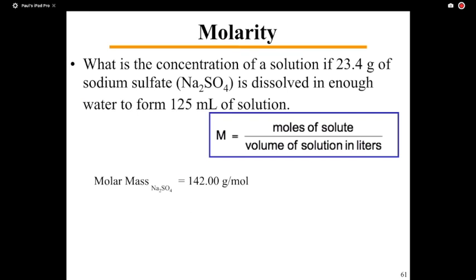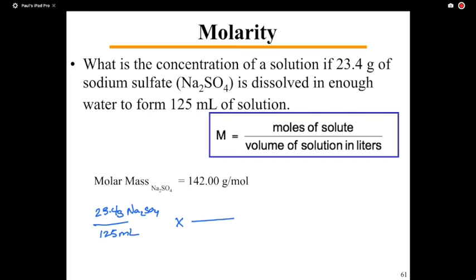The amount needs to be moles, and the volume needs to be liters. We're given 23.4 grams of sodium sulfate in 125 milliliters of solution. I have the amount on the top and the volume at the bottom, but I do not have the correct units.